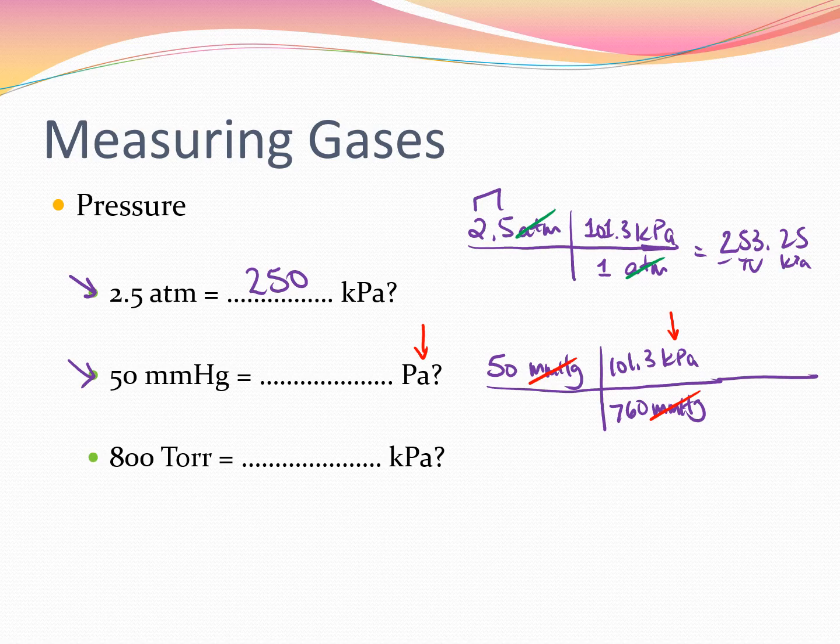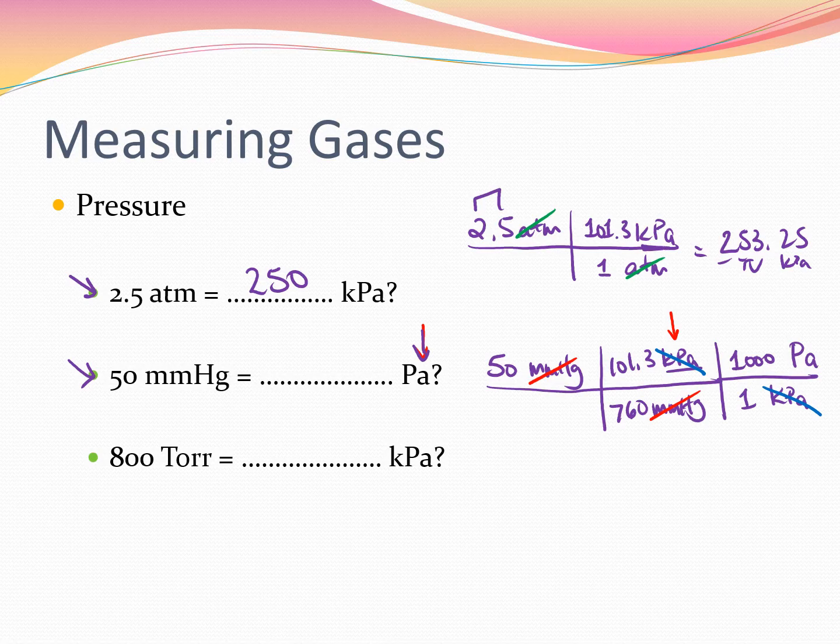We're going to add one more chunk of railroad track. Kilopascals on the top, kilopascals on the bottom to cancel out, pascals on the top because that's what I want to find. 1 kilopascal is equal to 1,000 pascals. So now I can cancel out kilopascals top and bottom.